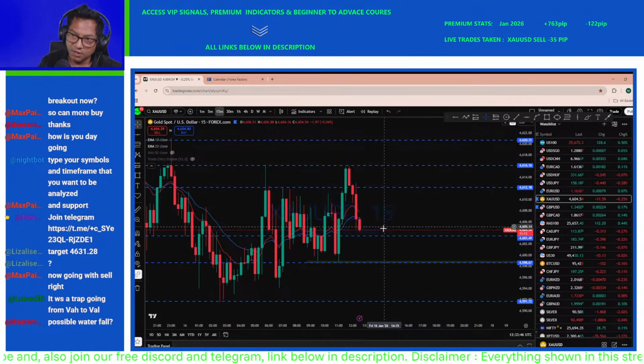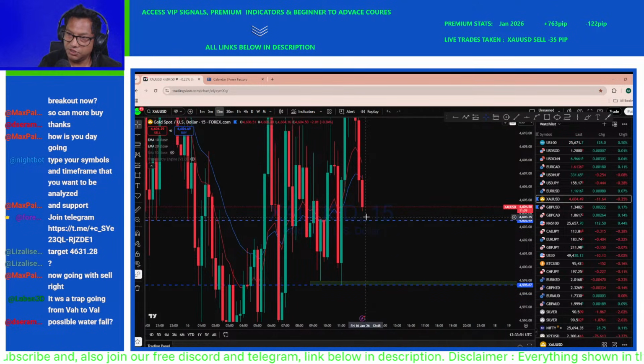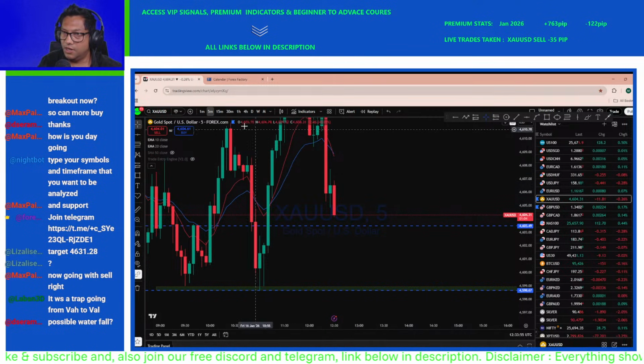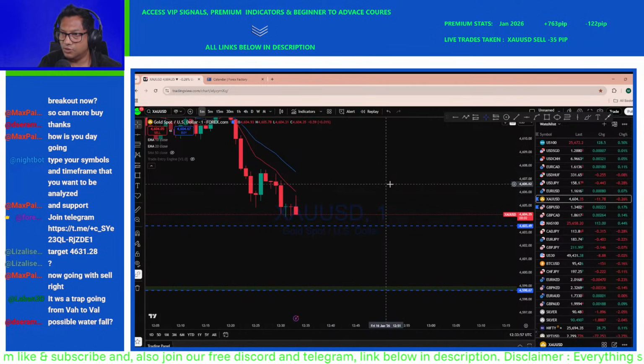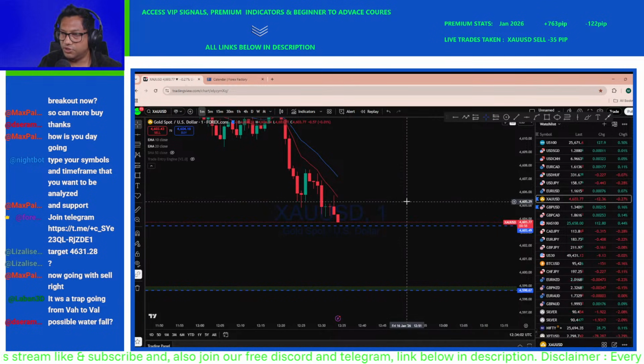If you look at the complete red move, there is no significant pullback. There is pressure here for this potential drop down. And okay, on this 1 minute candle, you can see another stronger bearish candle.